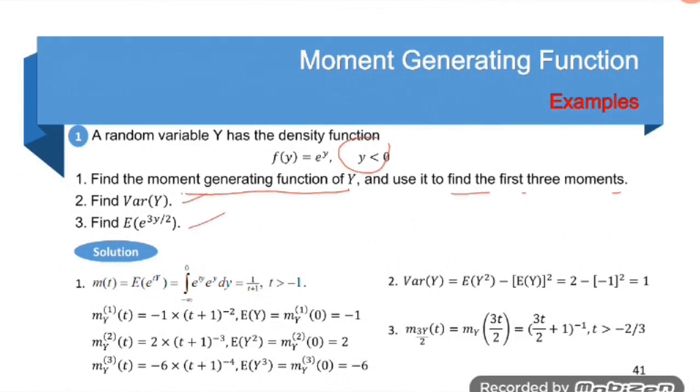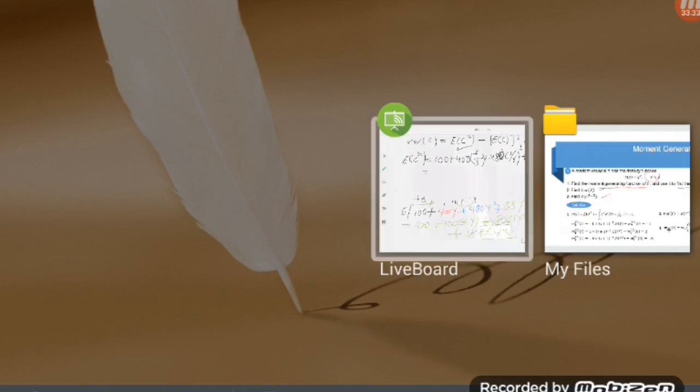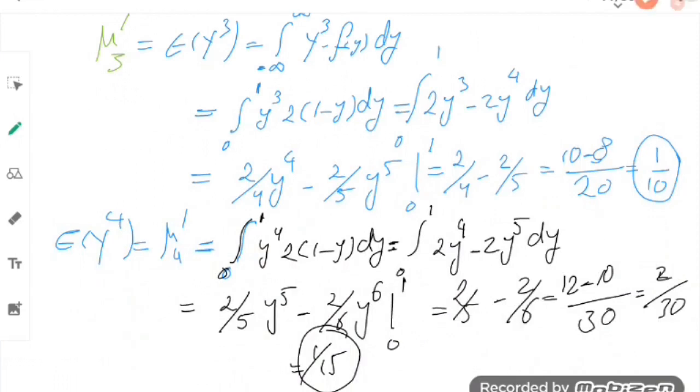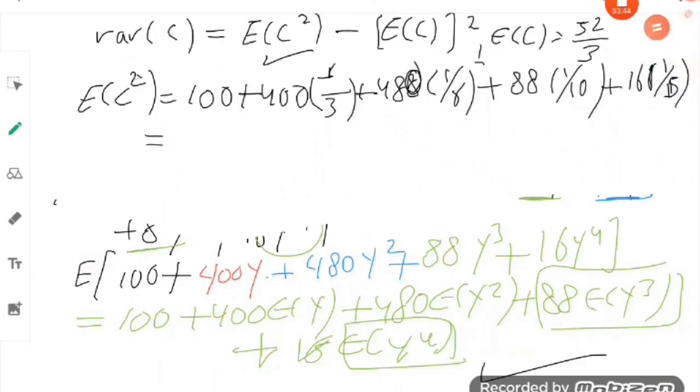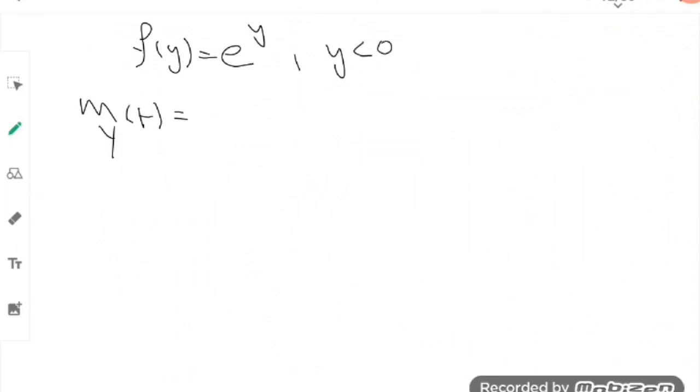Now move to find the moment generating function first. Again, here the PDF takes the form e to the power y, and y is a negative random variable, and we need to find M of t, which is the expected value of e to the power ty.